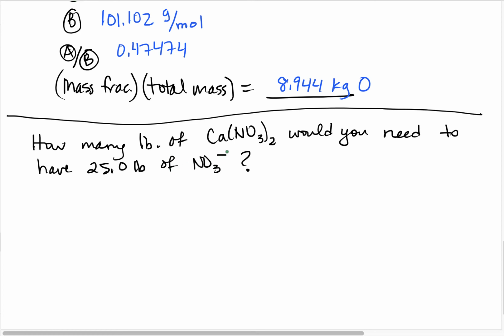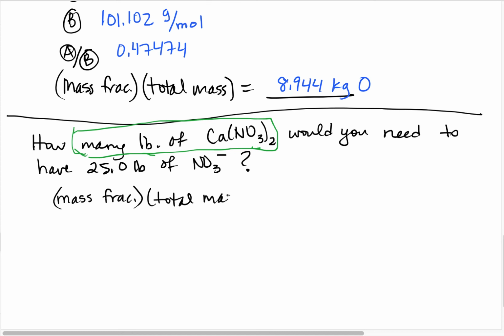I changed it because this is the question. Well, let's back up a second. The question that we've been asking, we've been taking the mass fraction and multiplying it by the total mass, and then we have our unknown, which is the mass of the component.